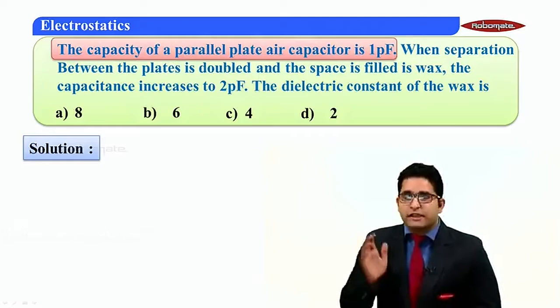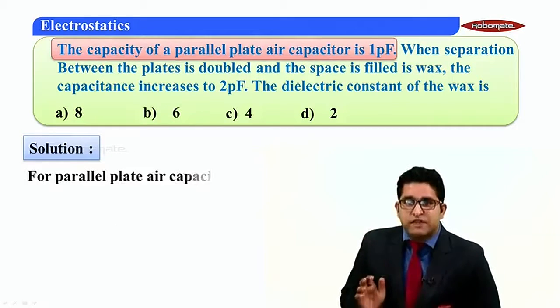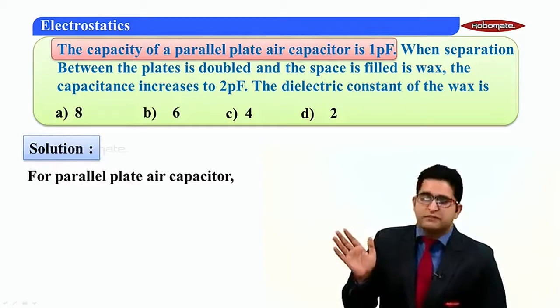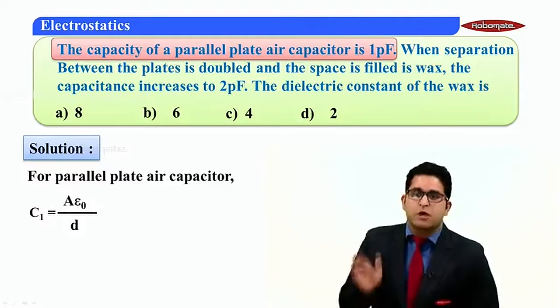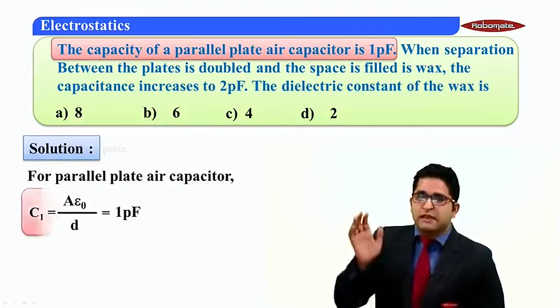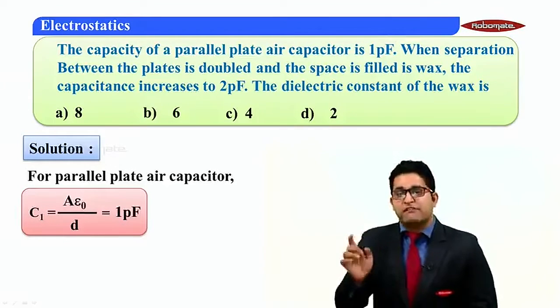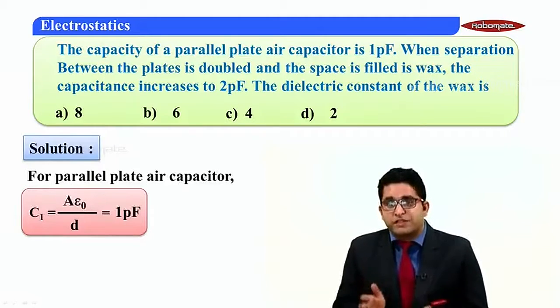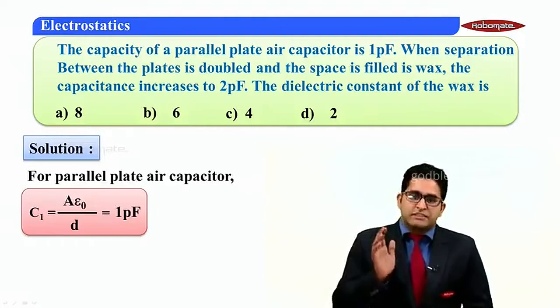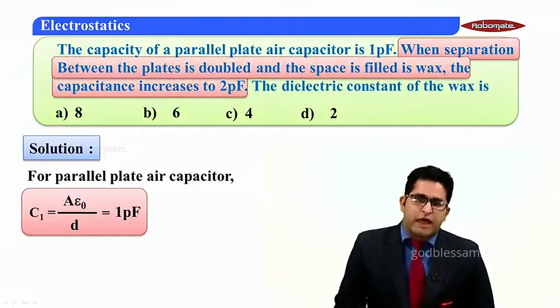So I can write for the air capacitor, capacity is given by C1, and C1 will be equal to epsilon naught A by d, and the value is given as 1 picofarad. So I can say A epsilon naught by d has the value 1 picofarad. Now students, in the second case, the separation between the plates is doubled and the space is filled with wax, right?